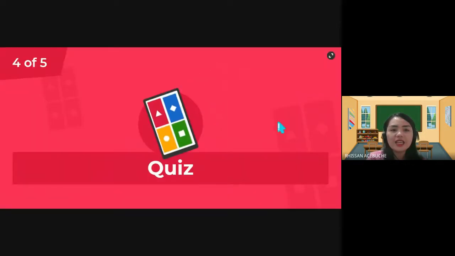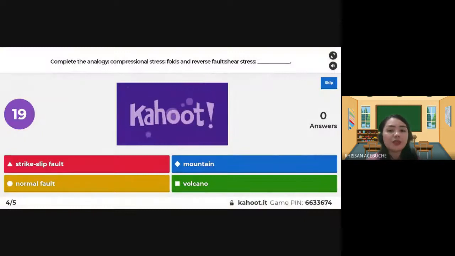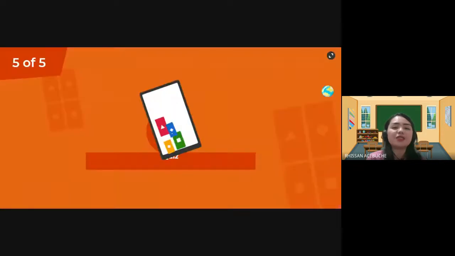And next question, question number 4, complete the analogy. Compressional stress, folds and reverse fault. Shear stress, blank. What is that? All right, 31 got it correctly. The answer is strike-slip fault. Now, let's go to the next question.